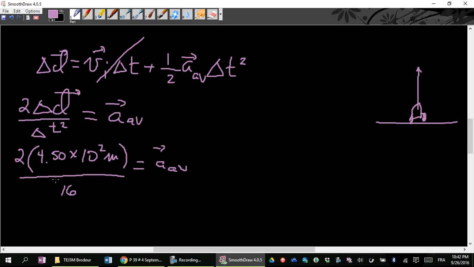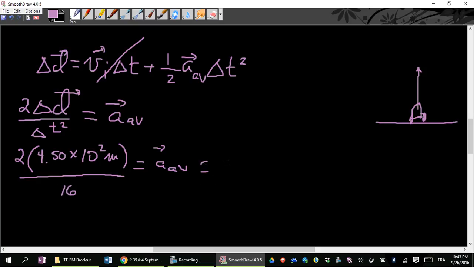So if I calculate that, so what is that? It's 4 times 100 divided by 8. So 56. So the book was right.